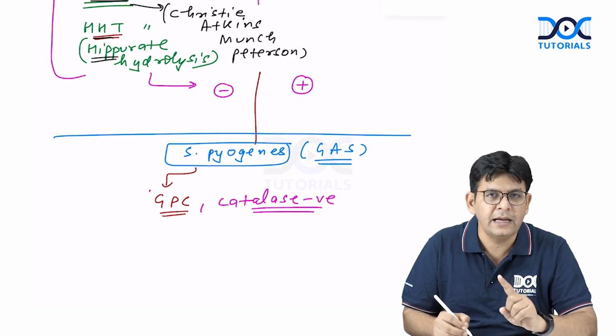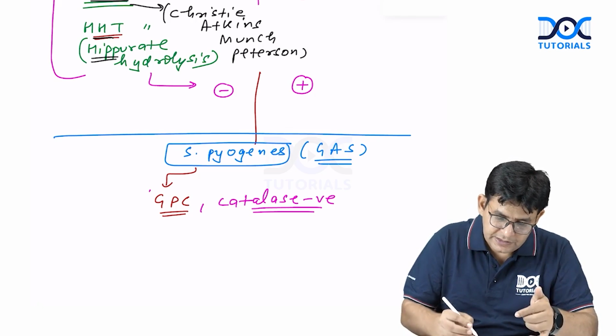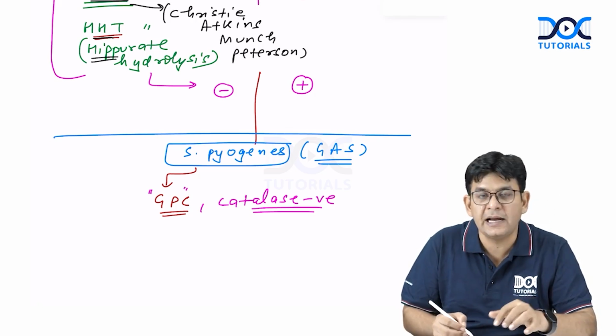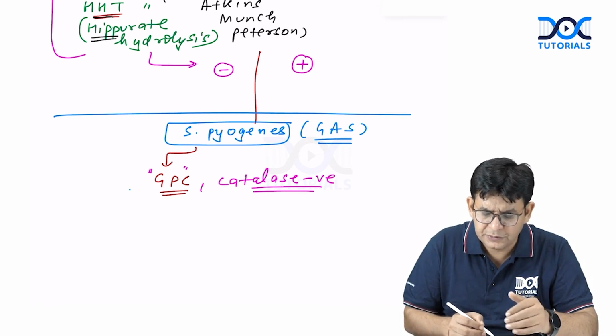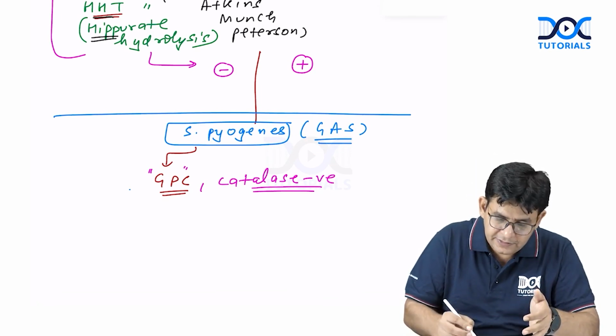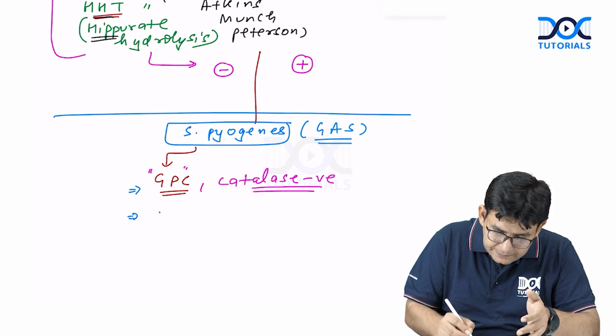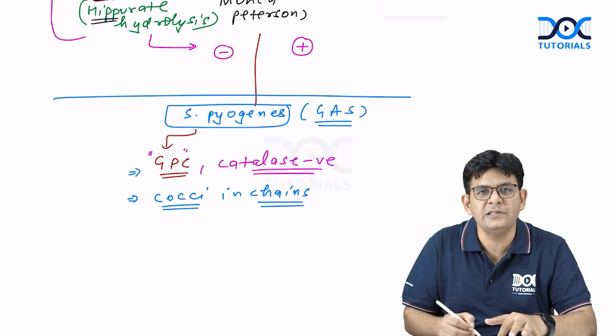In that, the catalase positive was staph and catalase negative was strepto. So it is gram-positive cocci which is catalase negative, and obviously coagulase does not have anything to do here, so that is negative. These cocci are violet in color, and they are arranged in chains.